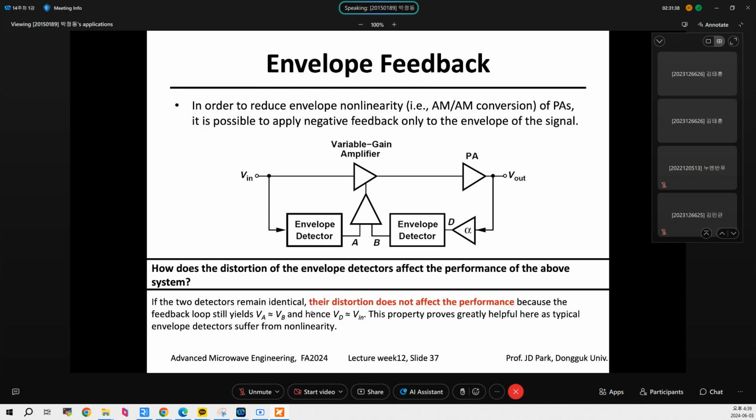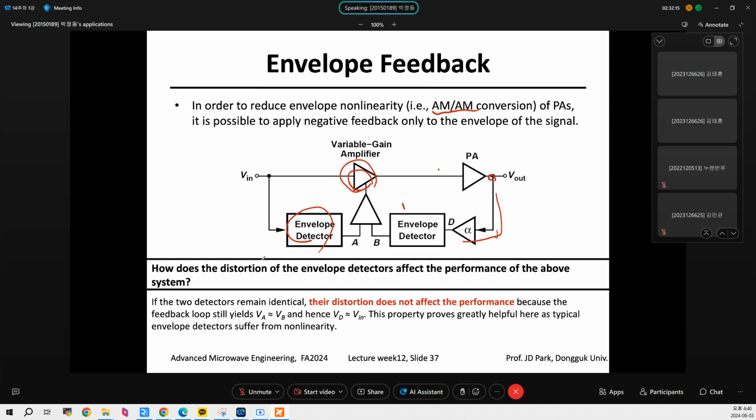One is at the input, so it catches the level of the input. And this is a variable gain amplifier, and it takes part of the output, detects the level, compares the two levels and changes the gain to drive this level. Same as before, just to reduce the AM to AM distortion.